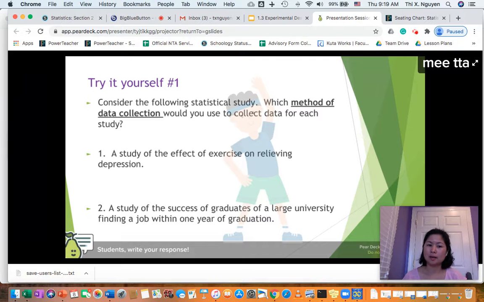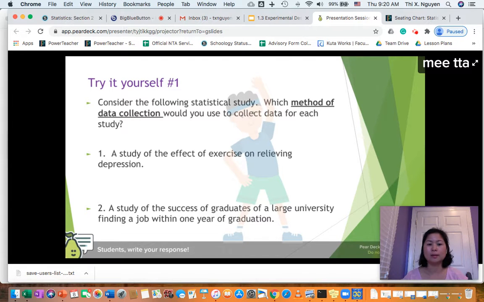And in this case, yes, because you have a group of people with depression, you ask them to exercise. And then you check the symptoms at the end of the month, the end of a year, right? So for this one, you actually have one group do exercise and the other group not doing exercise, and you compare to see how that affects them.